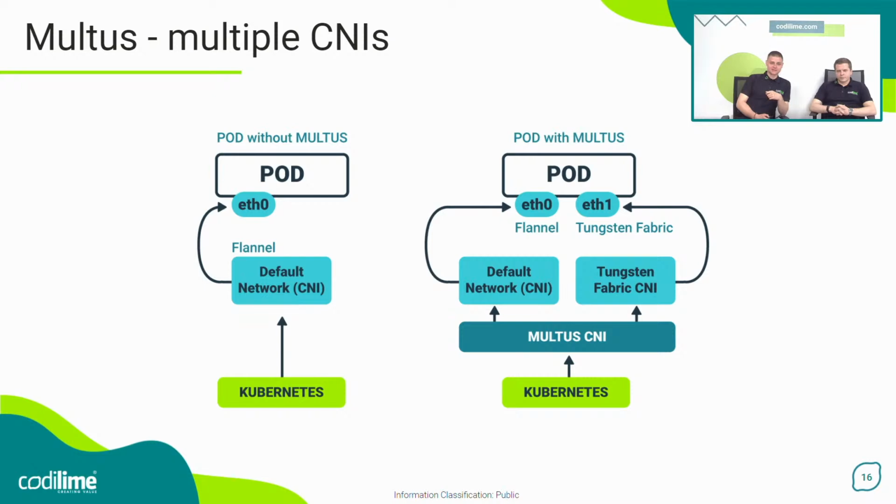Okay, and something more fancy is Multus. Multus is a tool used for CNIs, because usually when you think about the pod, you have a single interface with a single IP address received from the SDN controller.